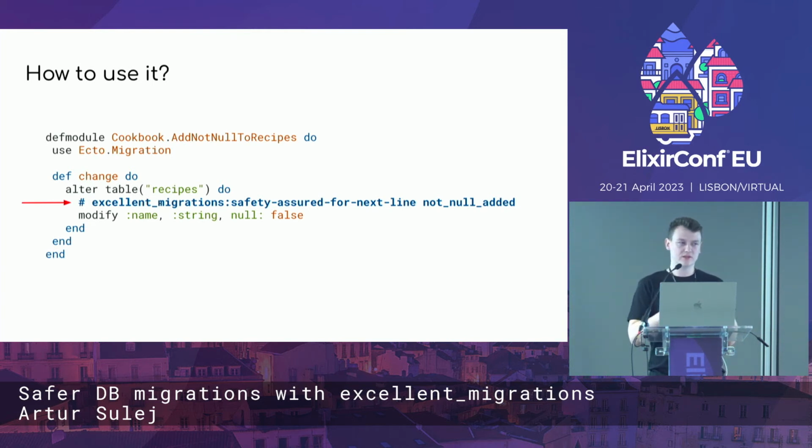You want to tell it, okay, thanks for the tip, but I know what I'm doing, so just leave me alone. So you can add this config comment that will silence the warning that I showed previously.